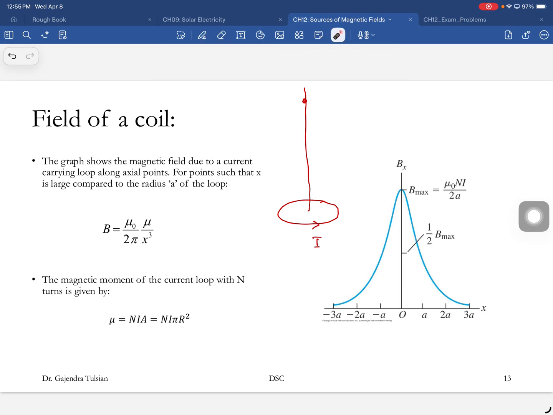The strength of the magnet is N times I times area. Okay. So a current carrying loop is a magnet. It's called an electromagnet, and it is very versatile, and we use it everywhere. Okay, so we use it in speakers and microphones and all kinds of stuff.